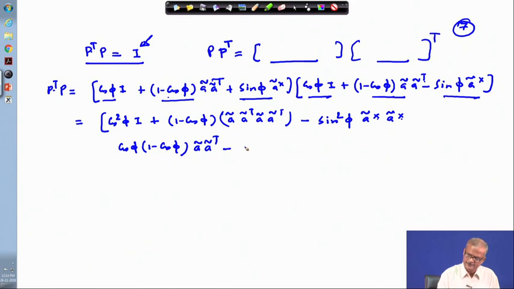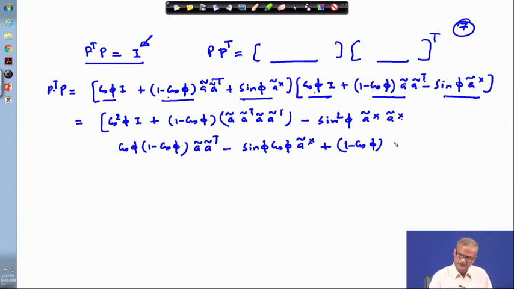So, this is sin phi times cos phi A tilde cross. Thereafter, this term needs to be multiplied by this. So, that becomes 1 minus cos phi times cos phi A tilde times A tilde transpose, this one multiplied together, this we have already multiplied, the last one remains.